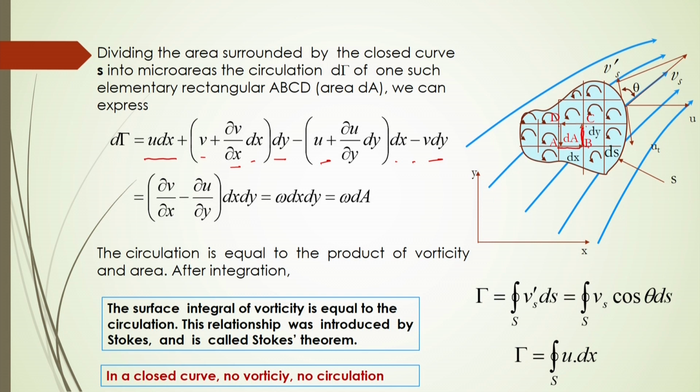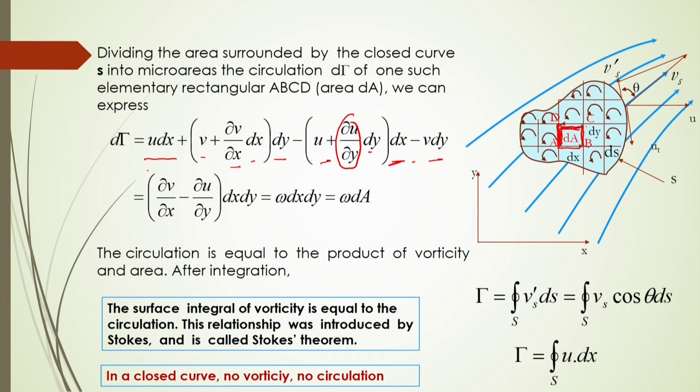And minus, in this direction, the x directional velocity u plus dou u by dou y into dy, because in the y direction this velocity changes, that is why the gradient is dou u by dou y into dy, and then you multiply by dx, because some distance will be there. Then after that it will be minus v dy.